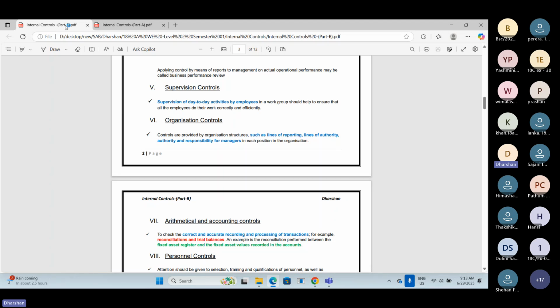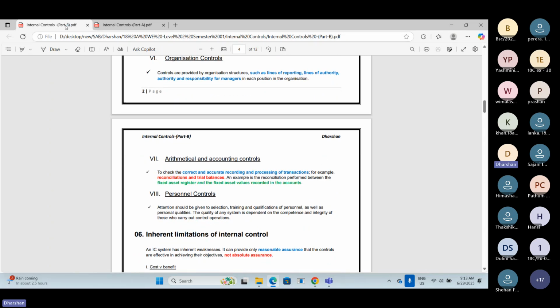So this is the finance department hierarchy. First of all, they have to design that hierarchy, and the roles and responsibilities of each person must be communicated, and the reporting line is also given through this hierarchy. Those types of controls come under organization control.